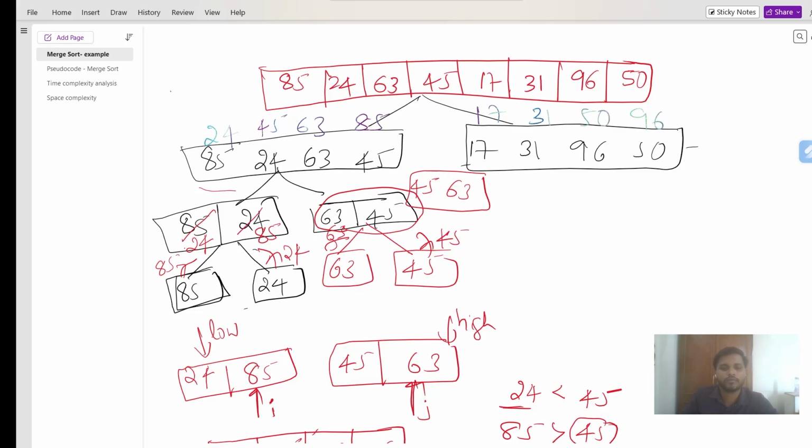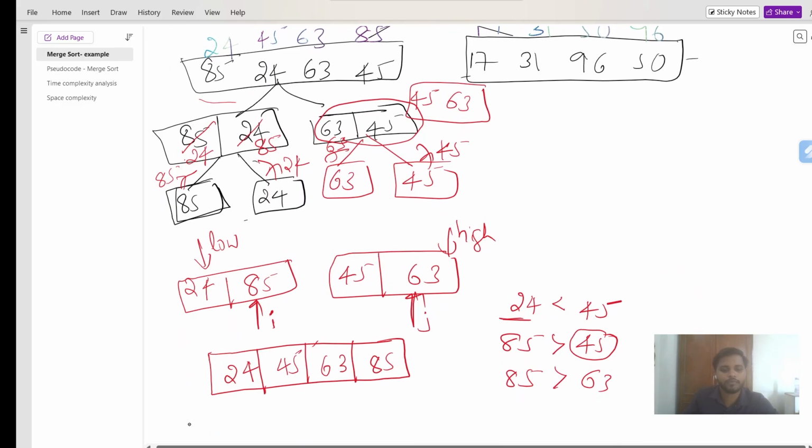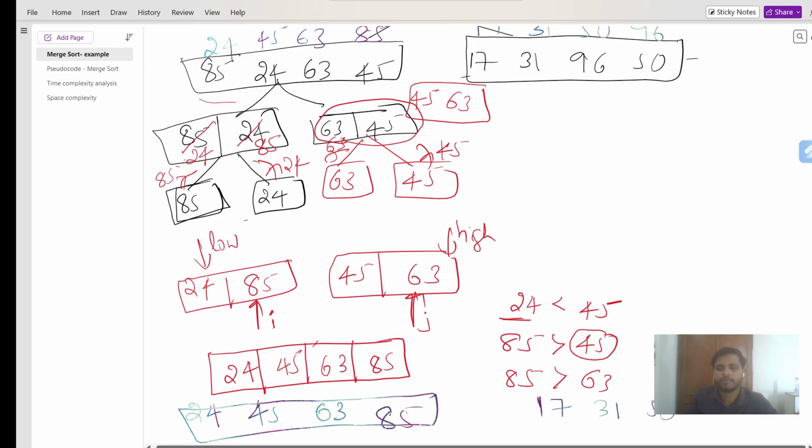Now finally, let us see how the merge operation is performed at this step. 24, 45, 63, 85 is my left half. The right half is 17, 31, 50 and 96.